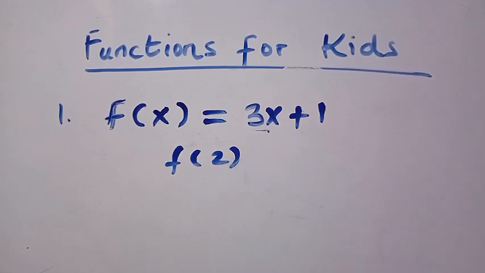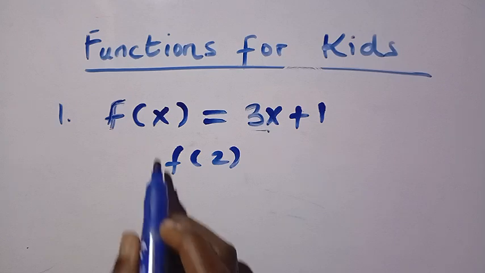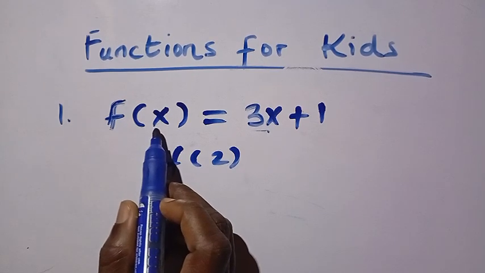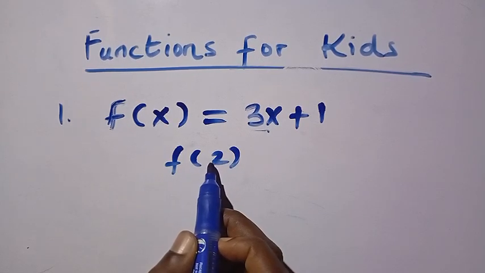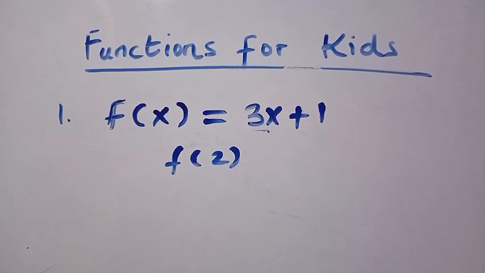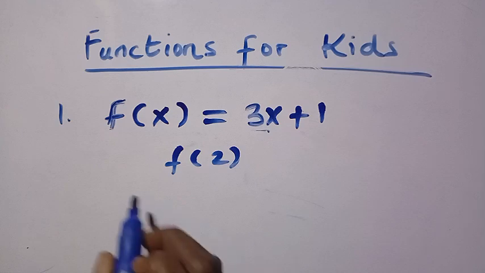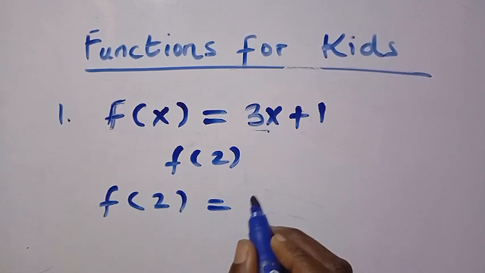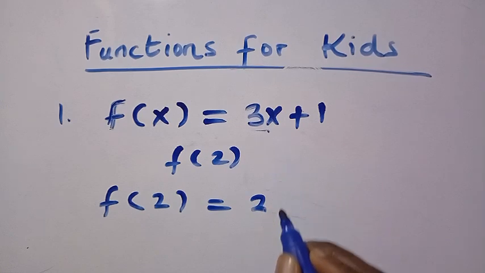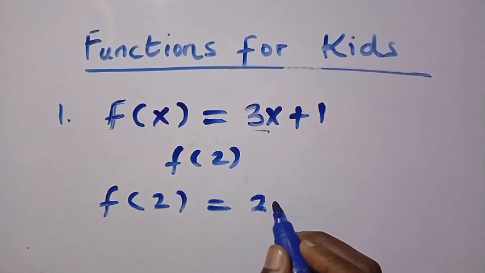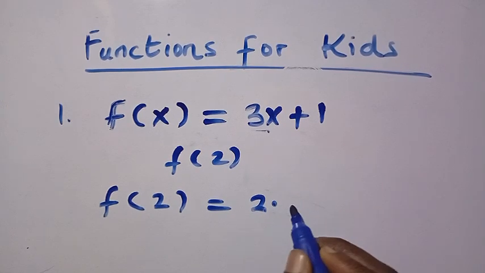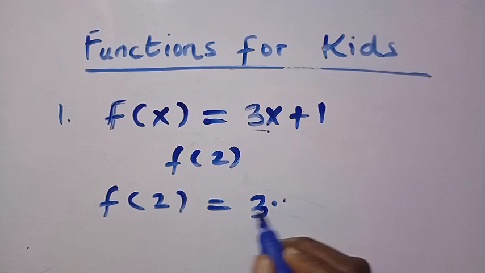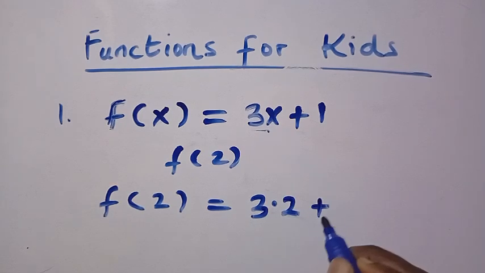As we explained in the beginning, the input here is now 2 to get the output. By replacing x with 2, we are going to have f of 2 equals 3 times 2 plus 1. You can just create a bracket or write multiplication as a dot.